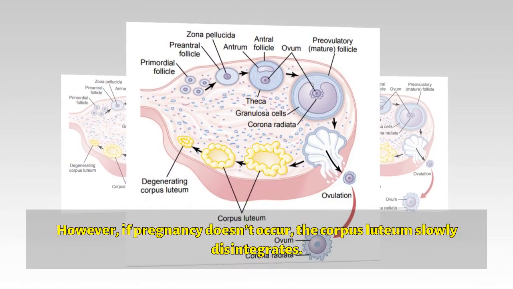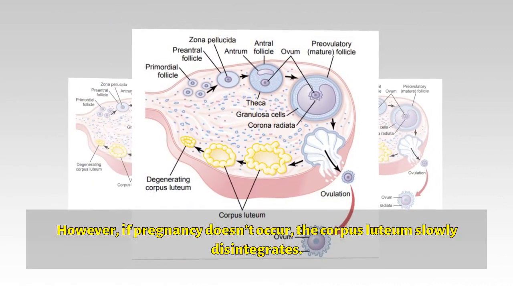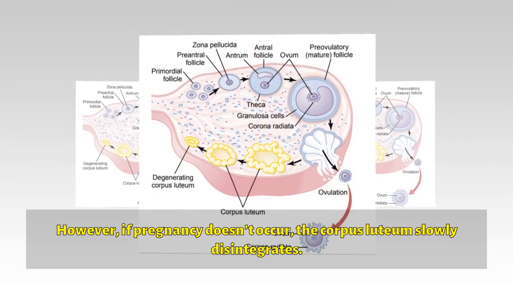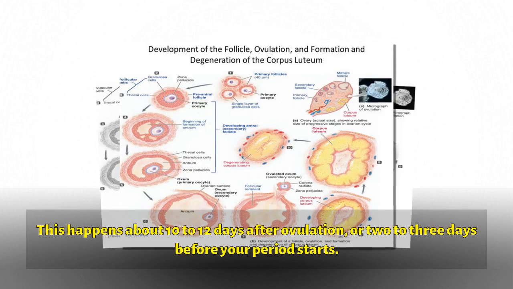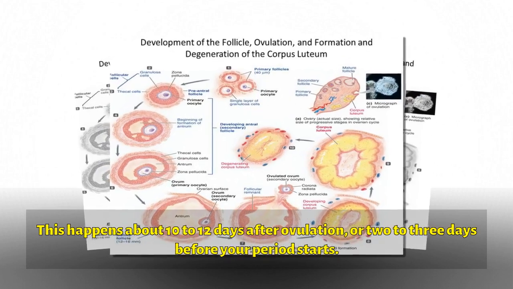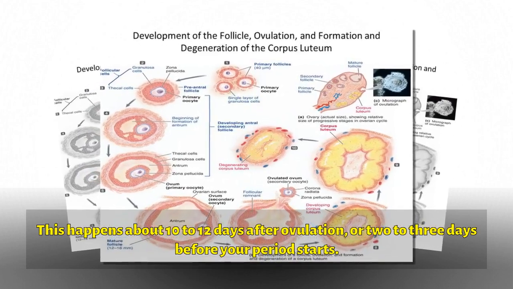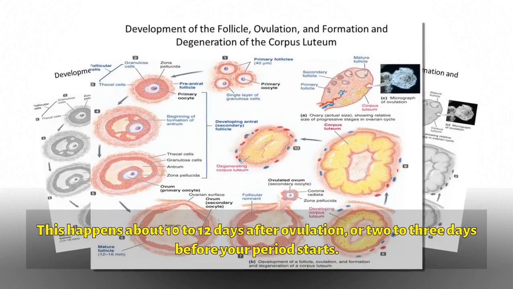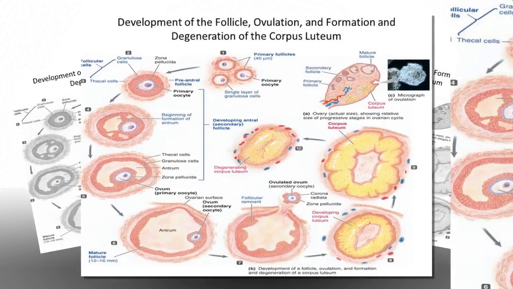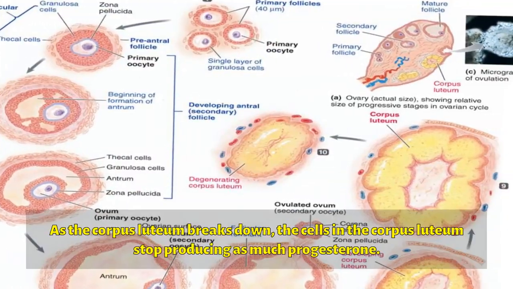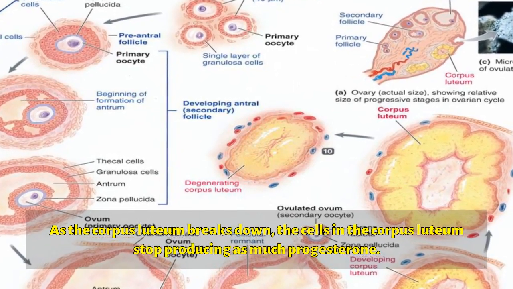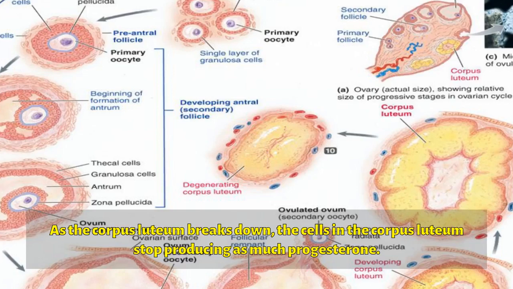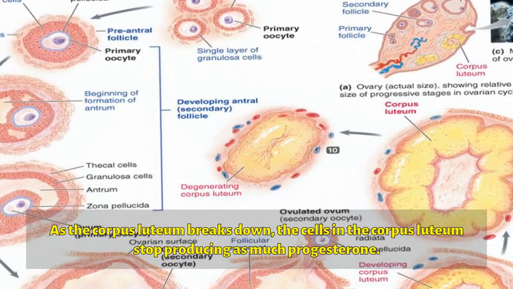However, if pregnancy doesn't occur, the corpus luteum slowly disintegrates. This happens about 10 to 12 days after ovulation, or 2 to 3 days before your period starts. As the corpus luteum breaks down, the cells in the corpus luteum stop producing as much progesterone.